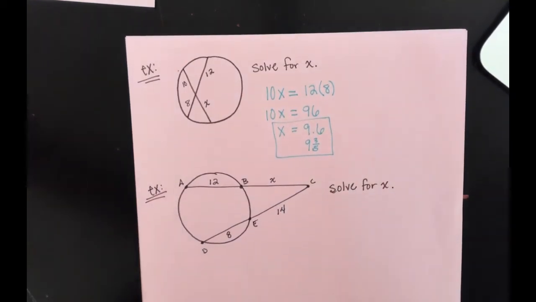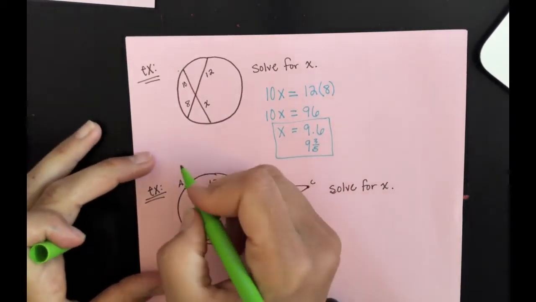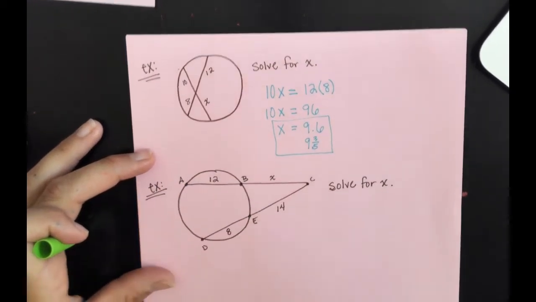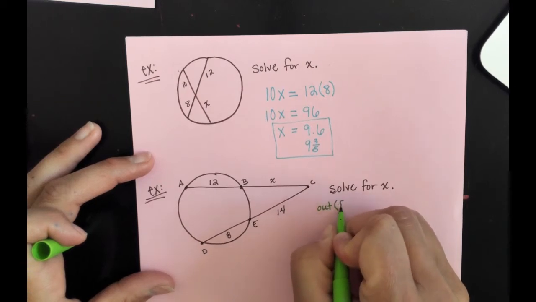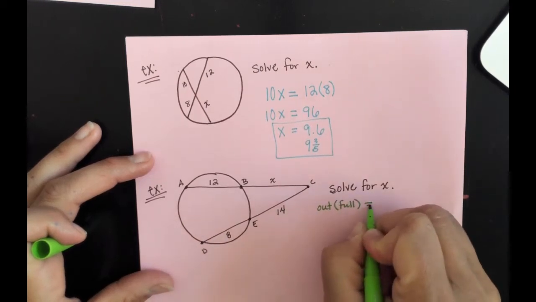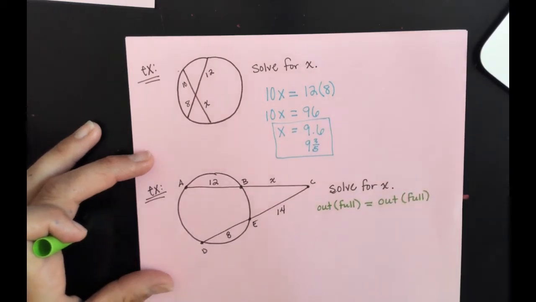But I want to follow the same pattern. So when I start my work, why not label the whole thing Y, or just again follow the pattern? Outside times the full length equals outside times the full length.